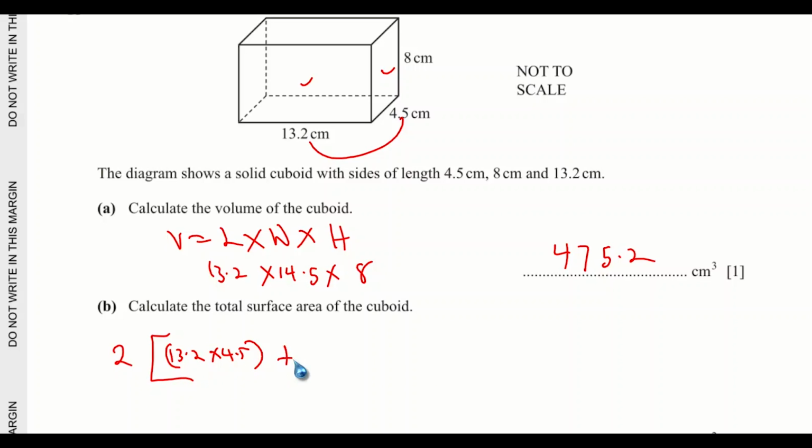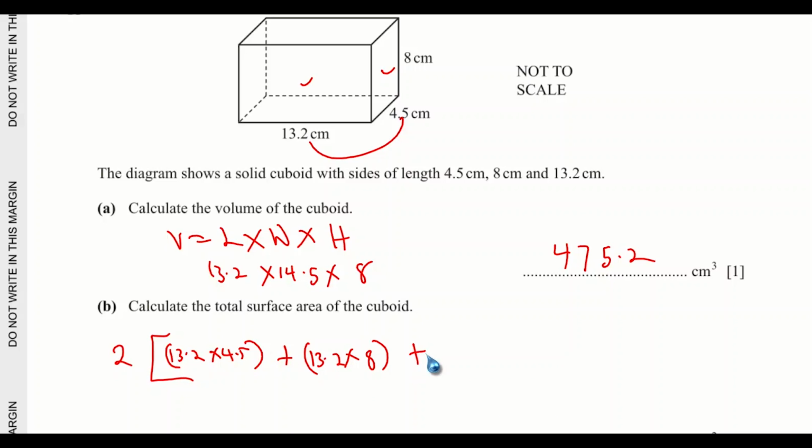Then plus another one we can write: 13.2 multiplied by 8. This will give us the area of the front side, and multiplying by 2 gives the area of the front and the back together. So we have 4 faces rather.